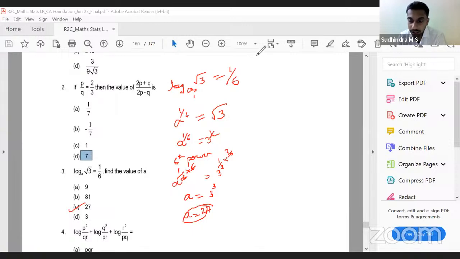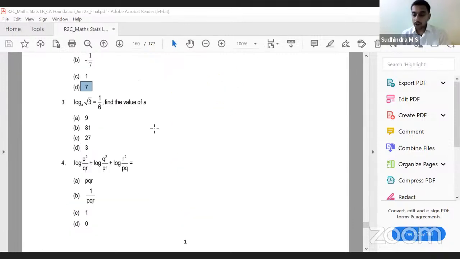We'll look into the next one. Question number 4. Log of p square by qr plus log of q square by pr plus log of r square by pq is equal to 0. Easy. This is log m plus log n plus log o, that is log of mno.